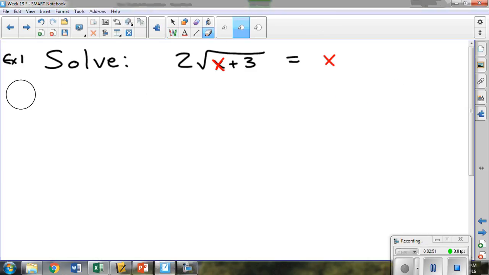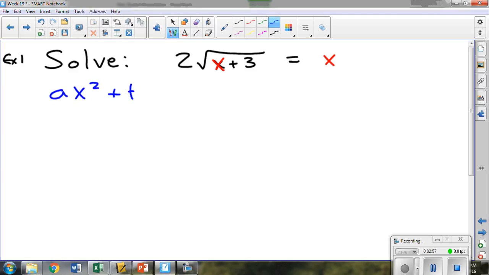So, how are we going to get this to fit the quadratic formula? We know the quadratic formula problem pattern is this. And the key characteristic of the quadratic formula is that there is no square root. So our primary focus is getting rid of the square root.